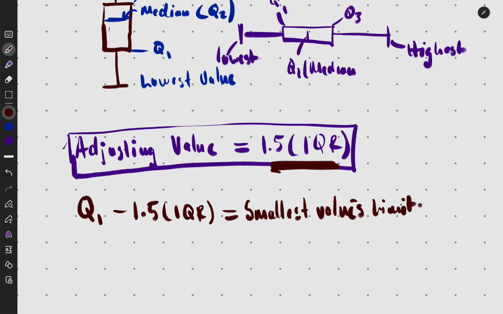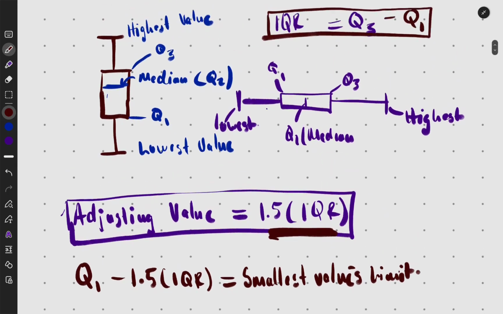When I say Q1 minus 1.5 IQR, this gives me where every value should end. So the value I put as the lowest value is the value in my data which is not smaller than Q1 minus 1.5 IQR, because if it is smaller than that, it is going to be an outlier.